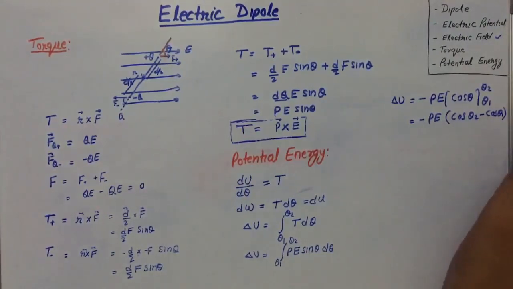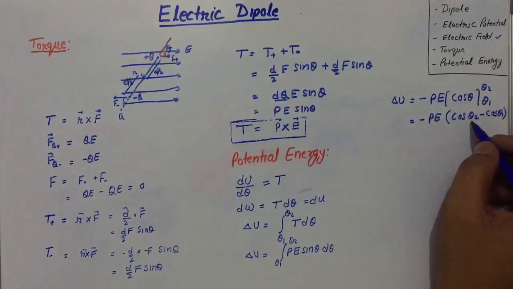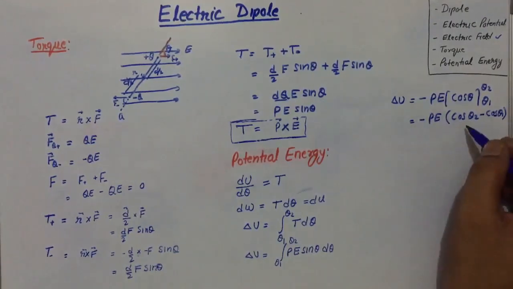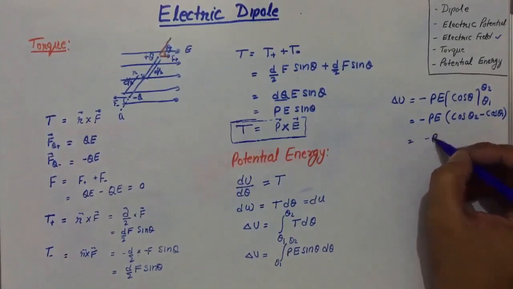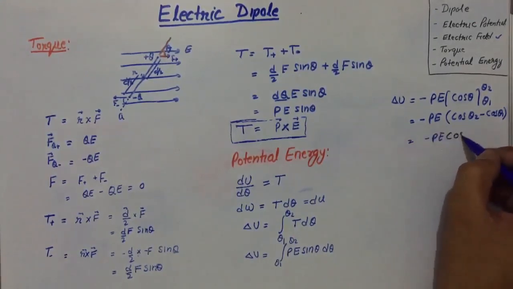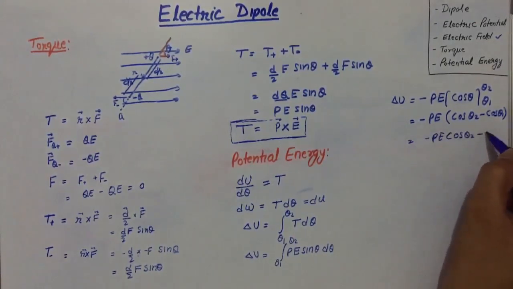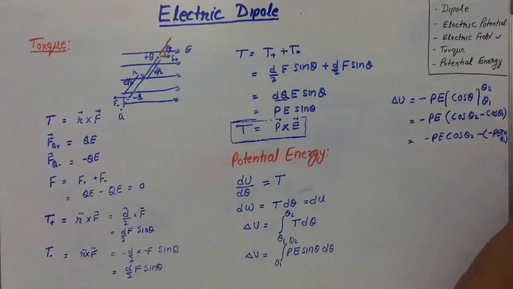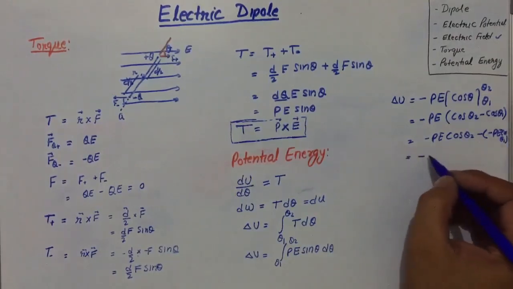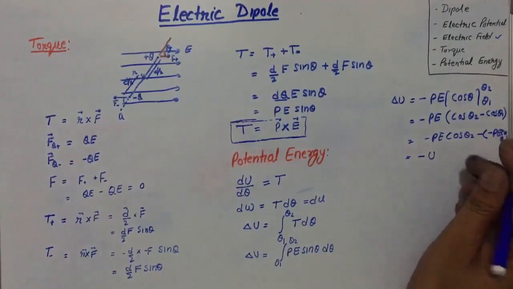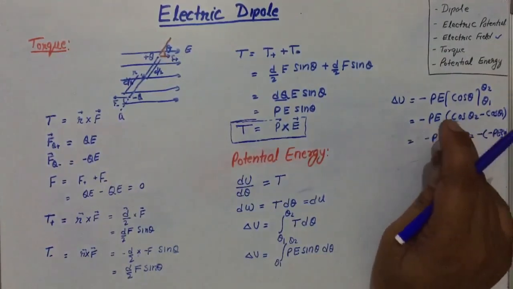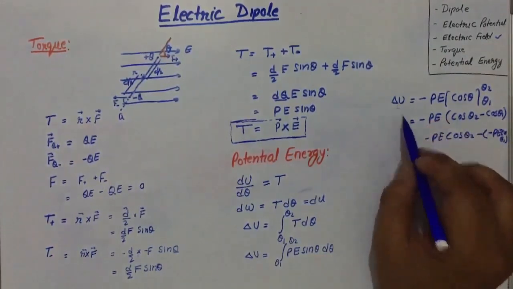So what we can say is the change in potential energy is minus PE cos theta 2 minus PE cos theta 1, that is, minus U final minus U initial. In this way we can say this is the change.